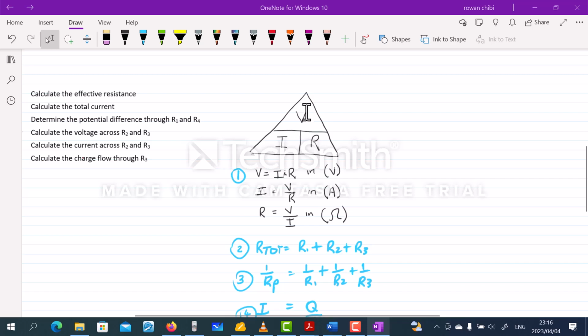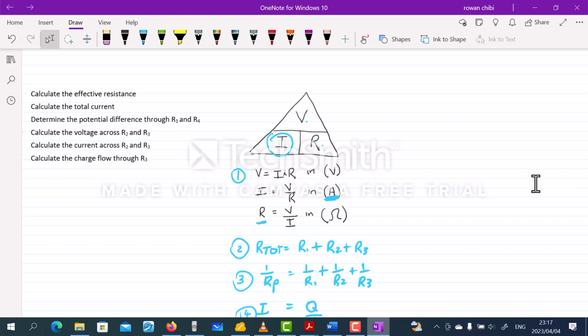So if you are required to calculate voltage, V, we say V is equal to I multiplied by R. In other words, the voltage is equal to current multiplied by resistance, and the unit for voltage is the volt, V. Again, if they want you to calculate I, which is the current, we say I is equal to V over R, and the current is in amps.